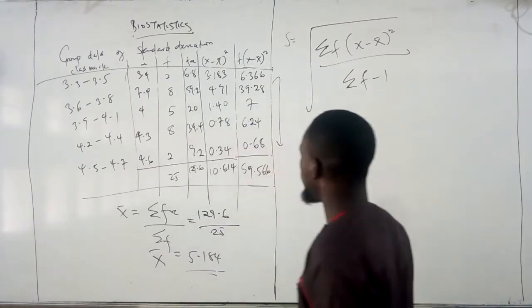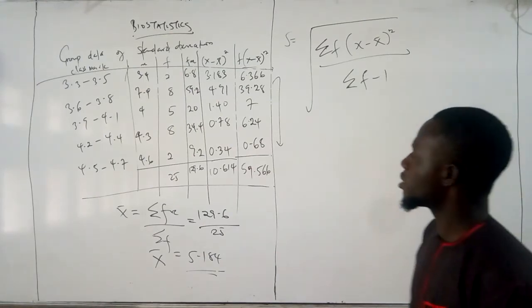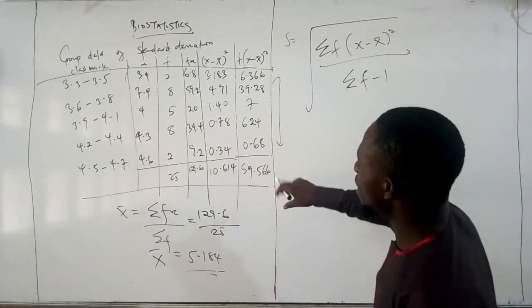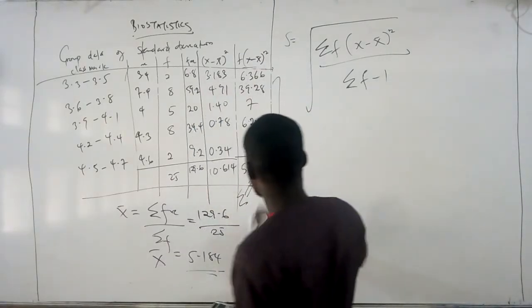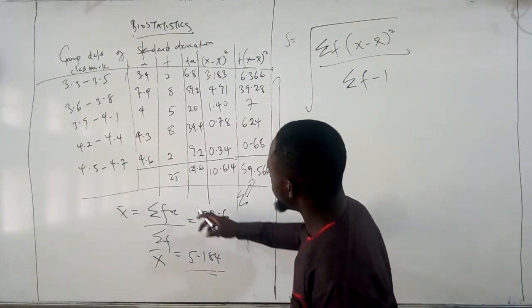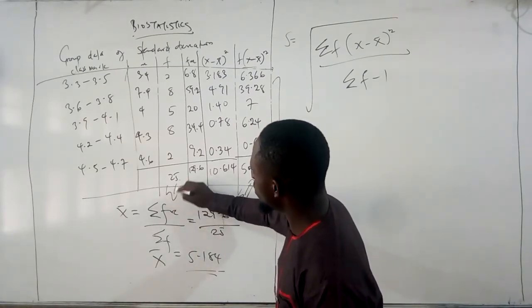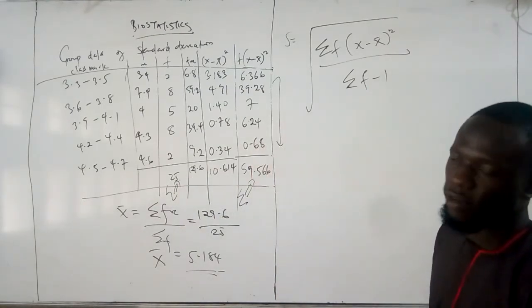So we are going to have 59.566 as our total values. So we call it the summation. So that means it is the summation that gives us this. Then looking at the summation of F, what do we have? 25. So let's apply our data inside our formula.